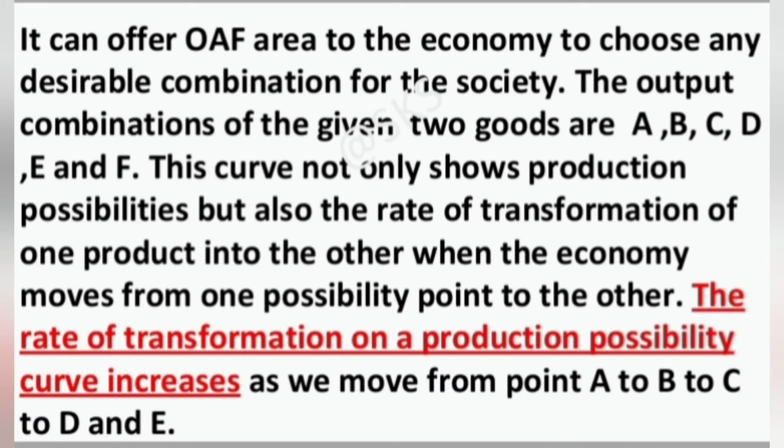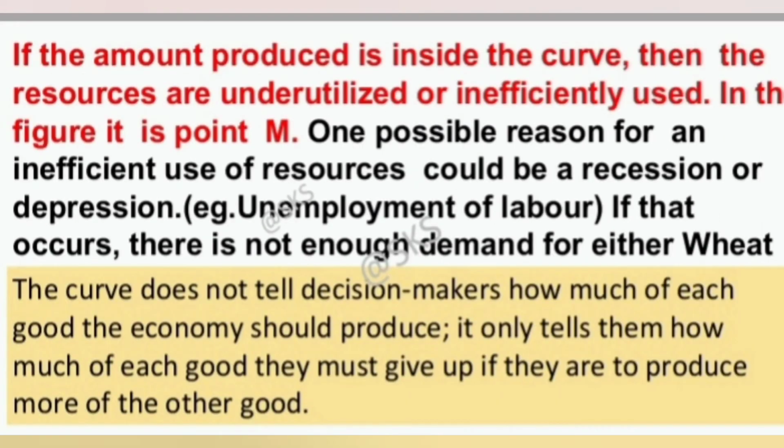The rate of transformation of resources from one product to the other, or the rate of transformation on a production possibility curve, increases as we move from point A to B to C to D and E. This you can check in the table also. It is increasing. What is increasing? The rate of transformation. This rate of transformation is called the marginal rate of transformation, MRT, or marginal opportunity cost. This concept we will discuss in the next module.